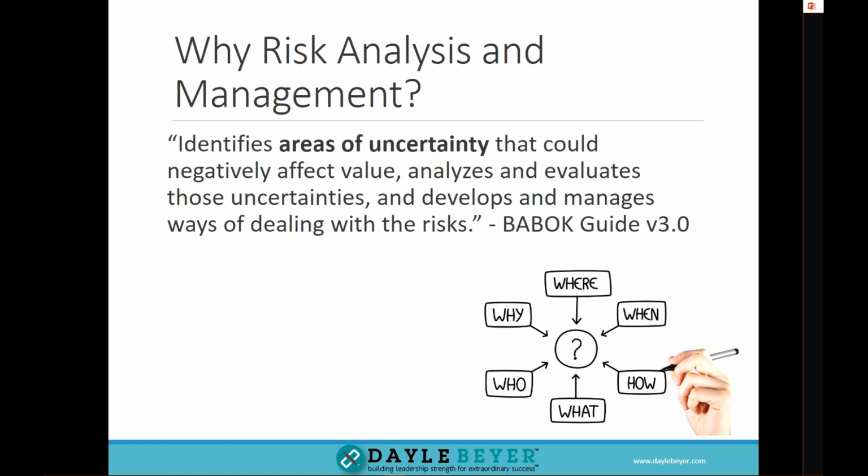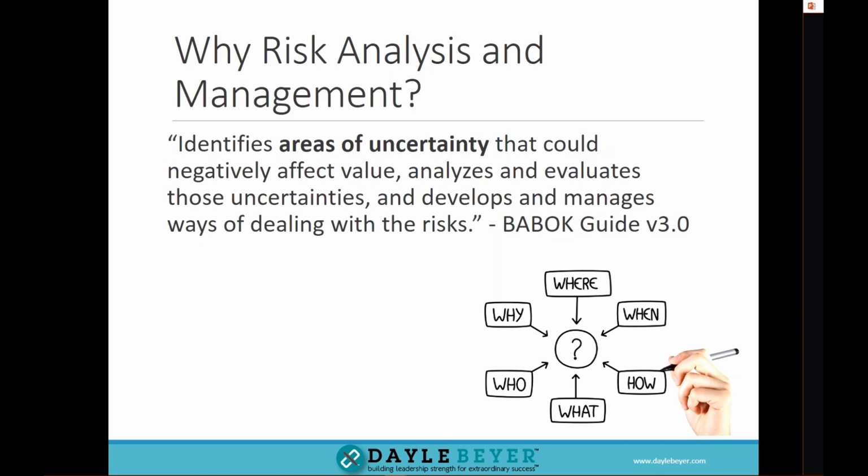Well, first of all, we have to be able to identify the areas of uncertainty. What's uncertain? Well, we've talked about projects are uncertain, people, cultures. There's a lot of uncertainty that shows up in our types of organizations and our projects. But we don't want to just focus on the negative things. We also want to look at the opportunity side. What are the positive things?